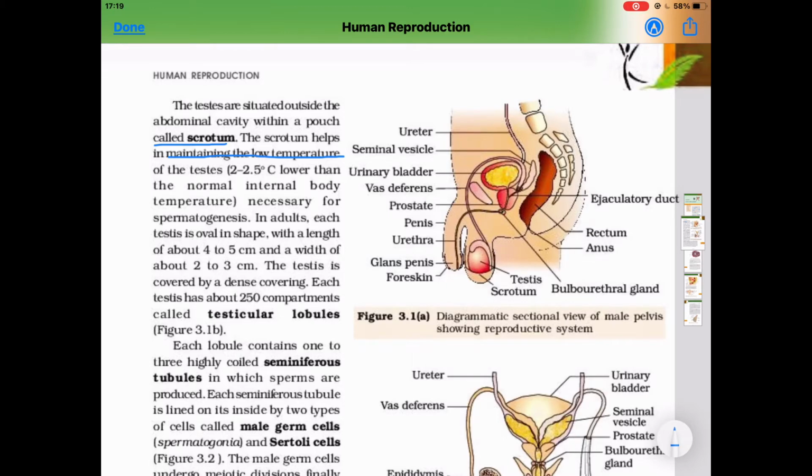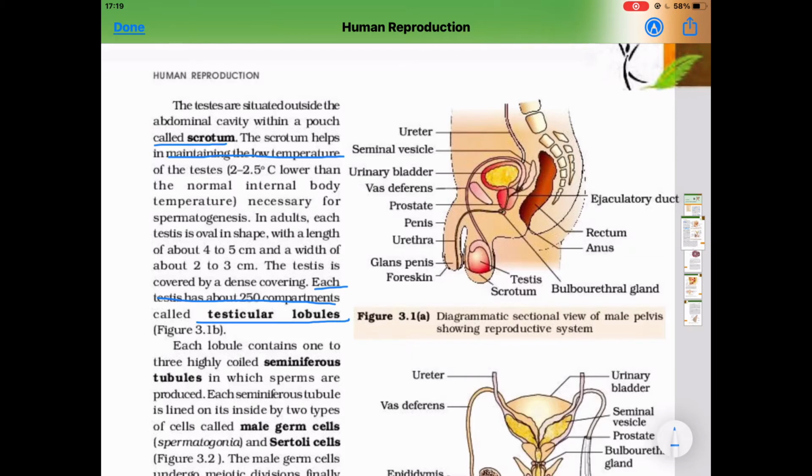In adults, each testis is oval in shape with a length of about 4 to 5 centimeter and the width of about 2 to 3 centimeter. The testis is covered by a dense covering. Each testis has about 250 compartments called testicular lobules.